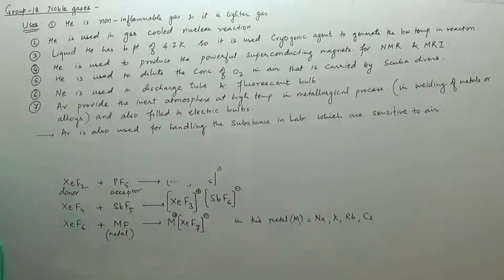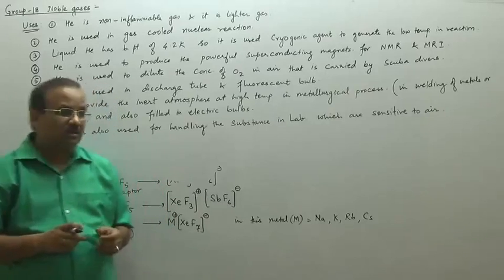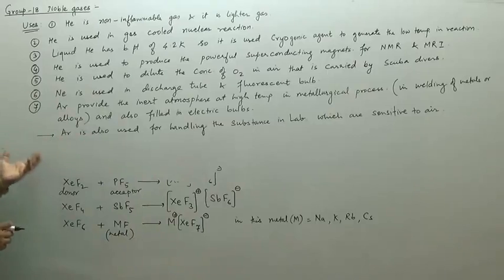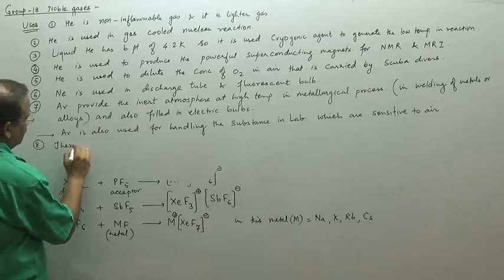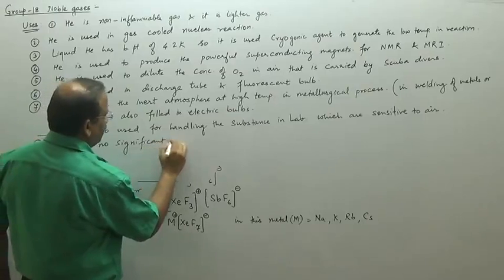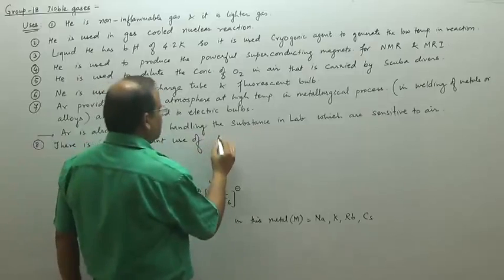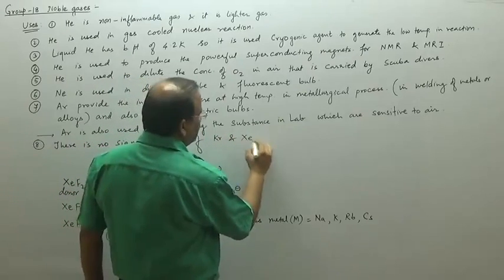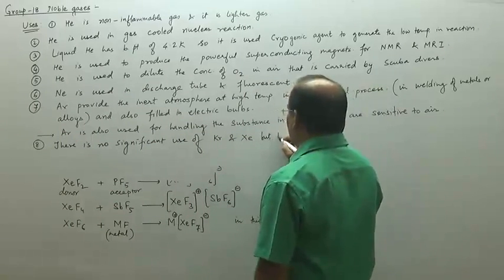So these are the main uses of noble gases. There is no significant use of krypton and xenon, but they can be used to fill electric bulbs.